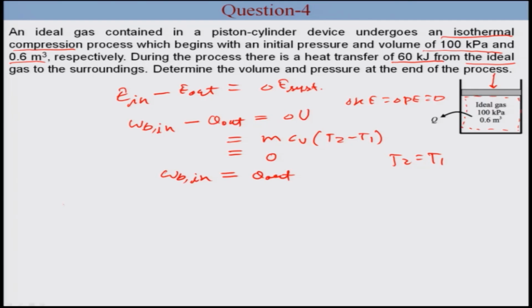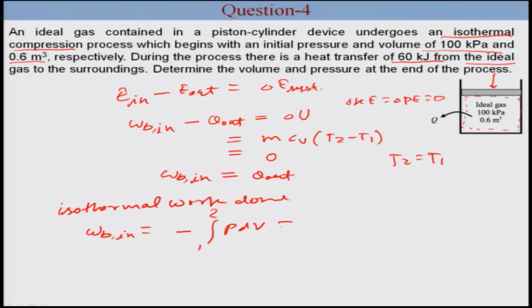We know the isothermal work done W_b,in is nothing but the PdV work from state 1 to 2, which is P1 V1 ln of V1 upon V2. So this is the work done during this isothermal compression.